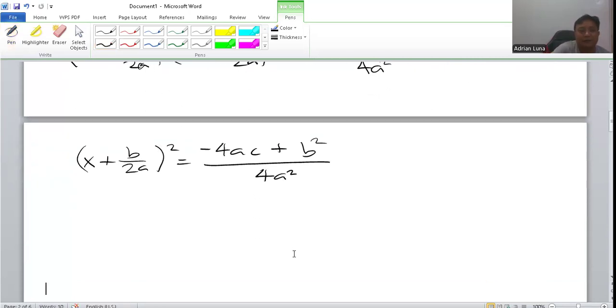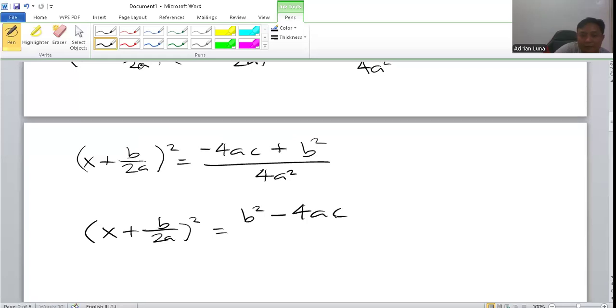Then our next step is arrange natin yung numerator. The numerator of the right-hand side of the equal sign, rewrite natin to. Pagpalit lang natin, b squared minus 4ac all over 4a squared.